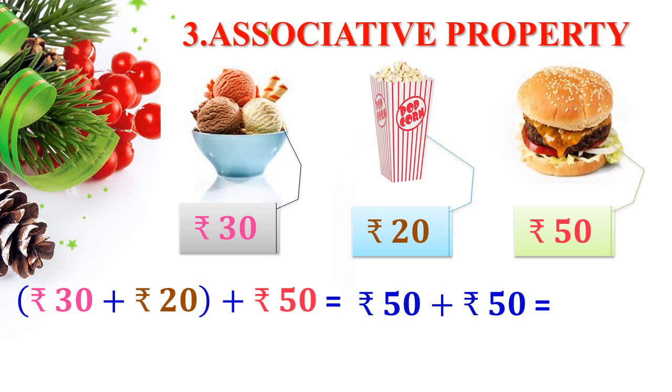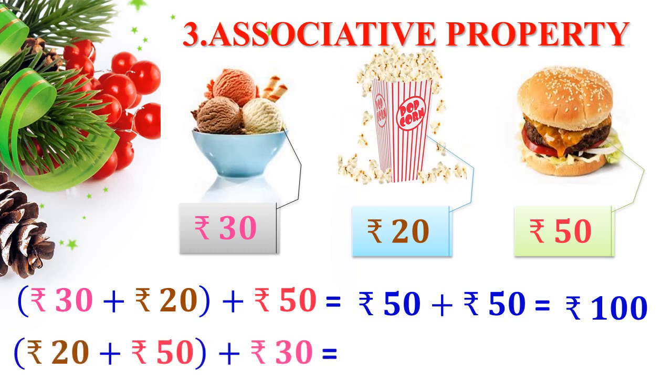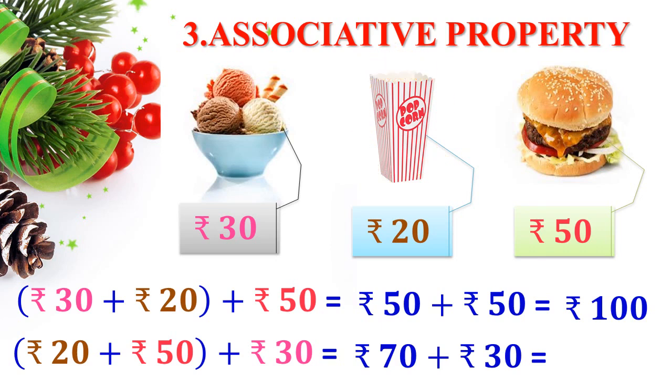Rupees 50 plus rupees 50 equal to rupees 100. And Vani first added the cost of popcorn and the cost of burger and then added the cost of ice cream. Therefore, rupees 20 plus rupees 50 equal to rupees 70.